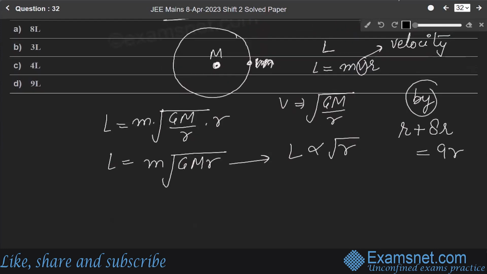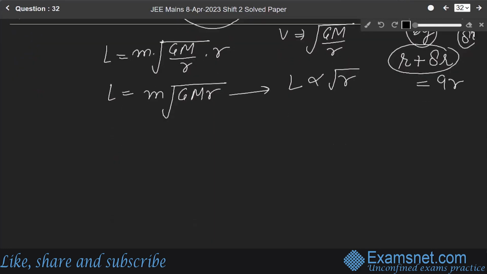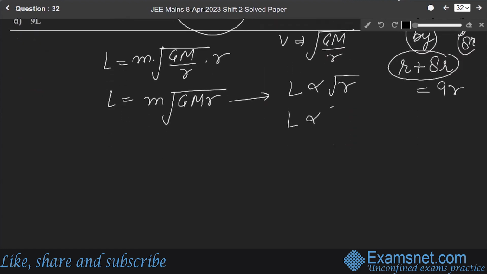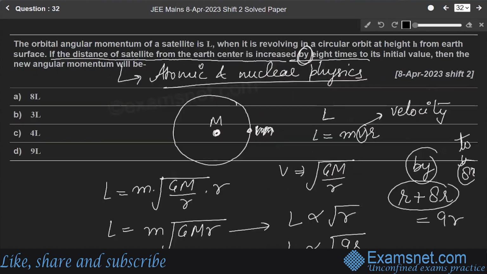If the question said to 8 times, we would use only 8r. Since it is saying by, we add r plus 8r equals 9r. So the new orbital angular momentum will be proportional to under root of 9r.